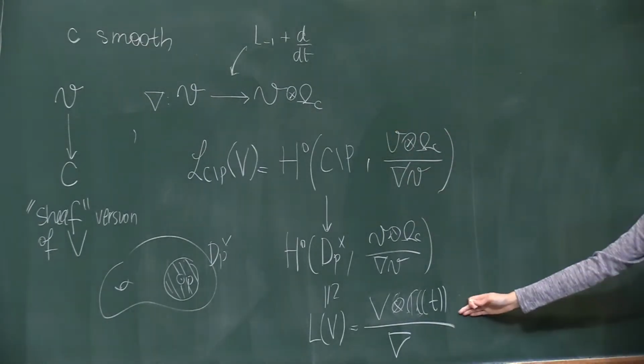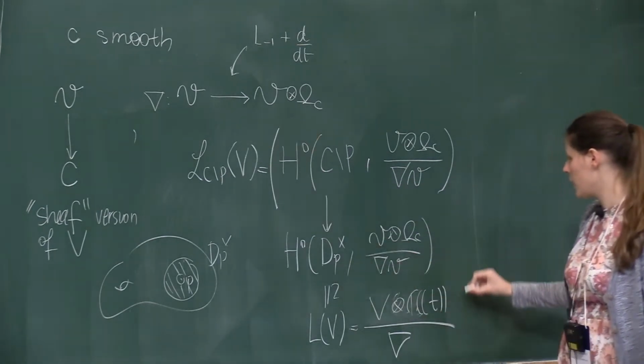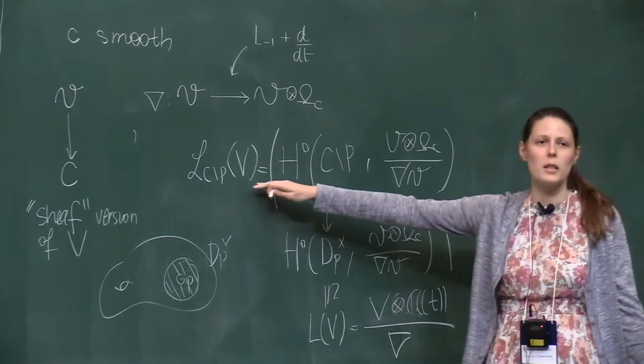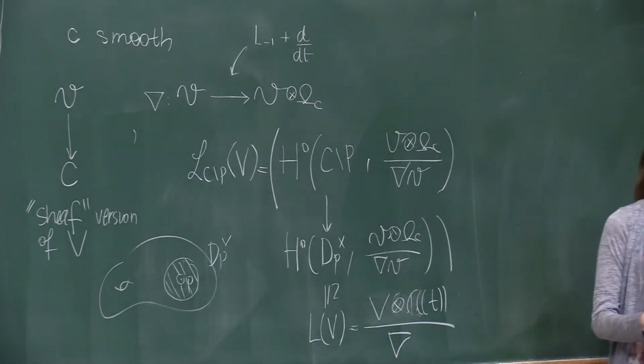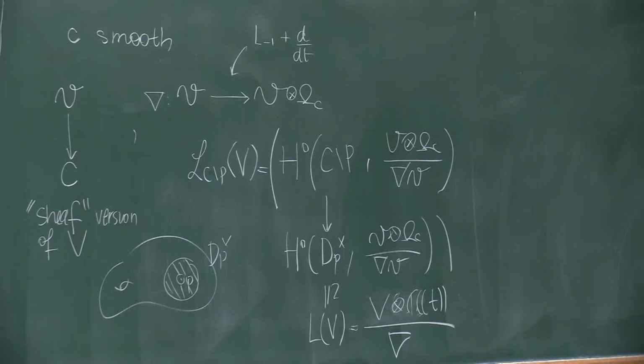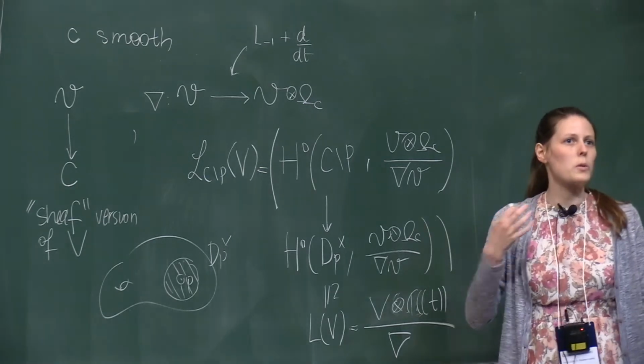So this is the Lie algebra. And so maybe it's more correct to say that LC minus P is the image of this space in here, and it turns out that it's actually a Lie algebra, so a Lie subalgebra of this space here. So the bracket is closed.